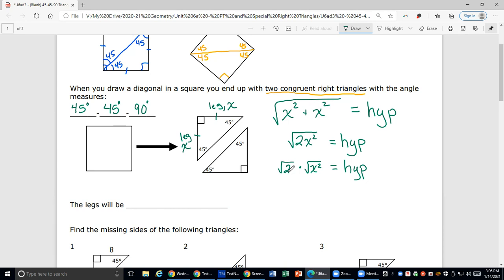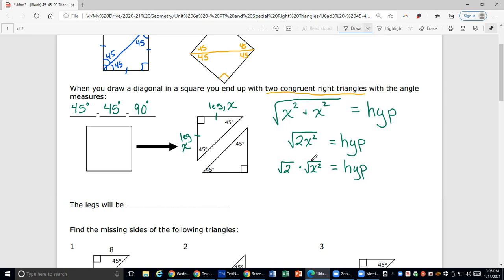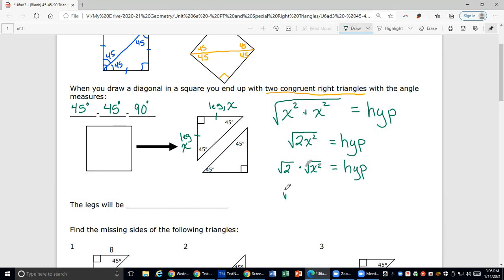The square root of 2 is going to be some ugly long decimal that we don't want to deal with. But for the x squared that's being square rooted, we already know that squares and square roots cancel each other out. So this really becomes the square root of 2 times just an x equals the hypotenuse.